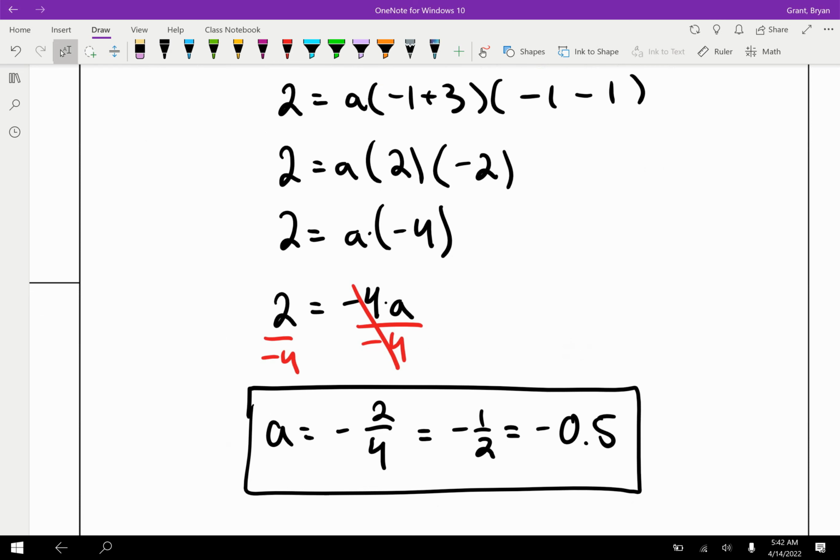So if my a value is -2, really it means go down 2 over 1 from the vertex. So what happens if I do that? If we go down 1, 2, and then over 1, we get a point here. And then I think I can also go down 2 over 1 the other direction to get a point here. So I actually have a rough sketch of my parabola. It's going to look something like this, right?